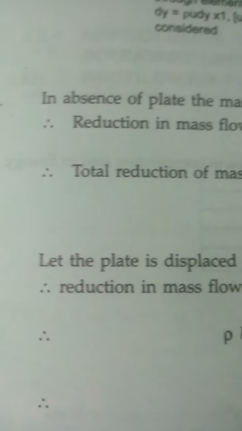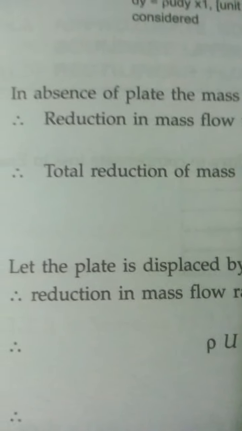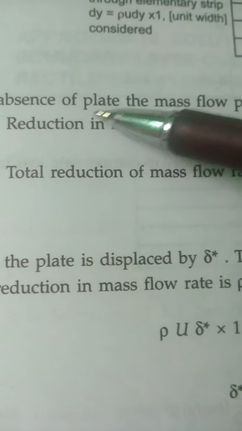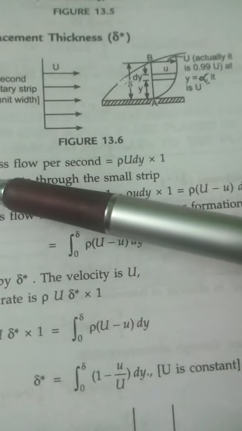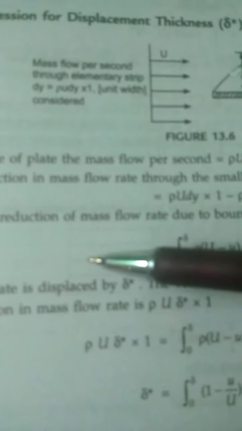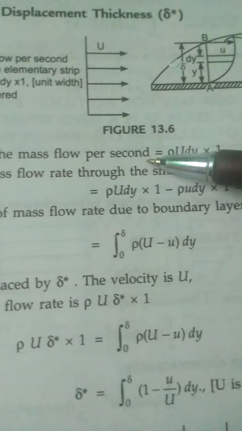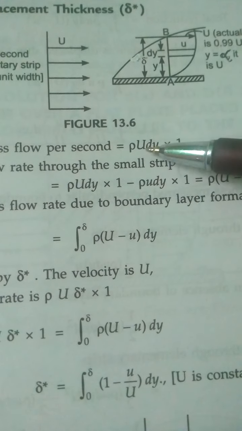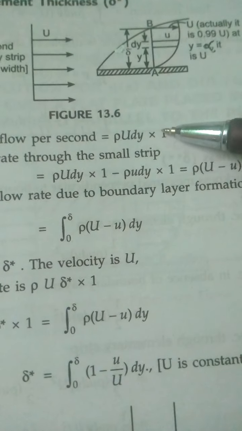Now in the absence of the plate, the mass flow per second, that means kg per second actually, is rho capital U dy into 1, where 1 is the width, unit width we have taken.